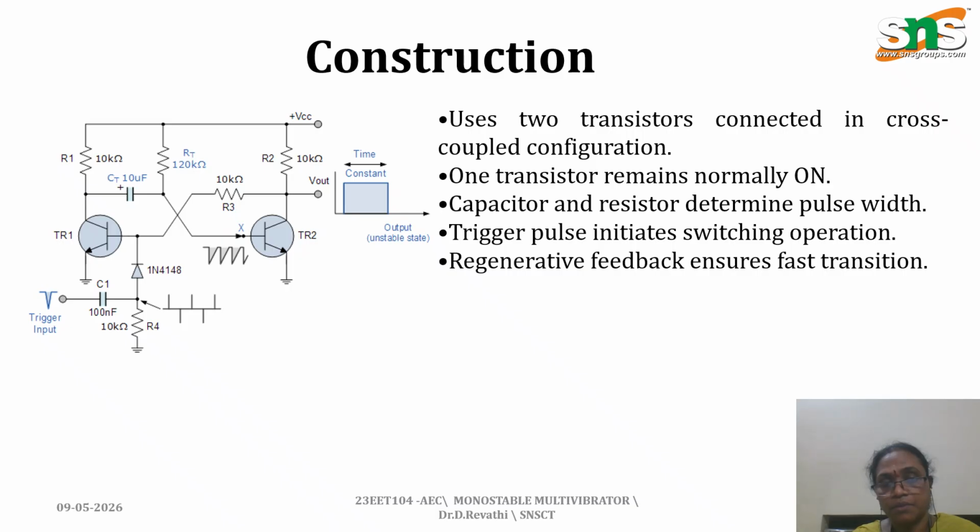The collector of TR1 is connected through CT to the base of TR2, and the collector of TR2 is connected to the base of TR1 through the resistor R3. CT will be charged through RT. Along with this, there is a separate circuit that we call the triggering circuit, which is like a differential amplifier circuit.